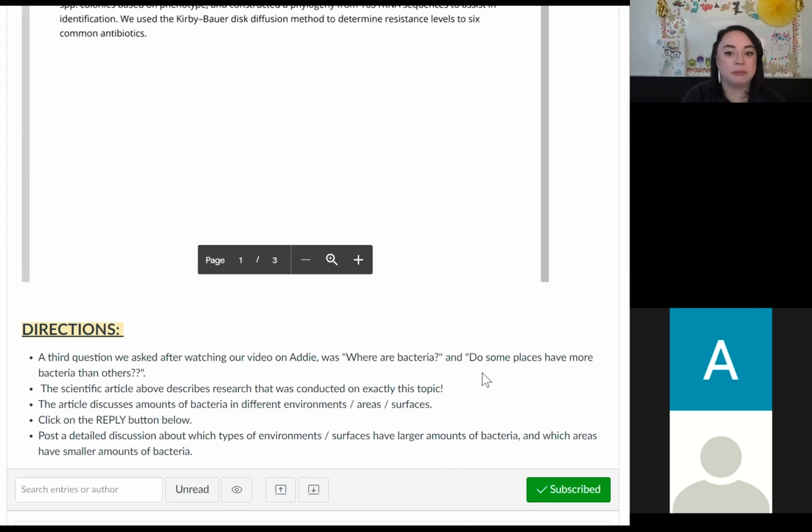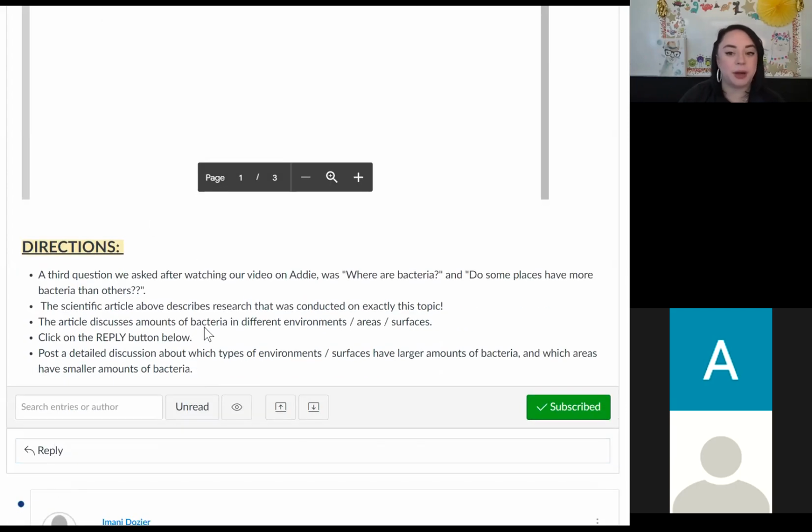And your job, similar to the other ones, is to post a response about which type of environments or surfaces have more bacteria and which areas have less, based off what they tell us in this article, okay? Again, just like any discussion, you're going to click the reply button and post it. So again, you're trying to pay attention for which areas or surfaces have more bacteria and which areas and surfaces have less bacteria.